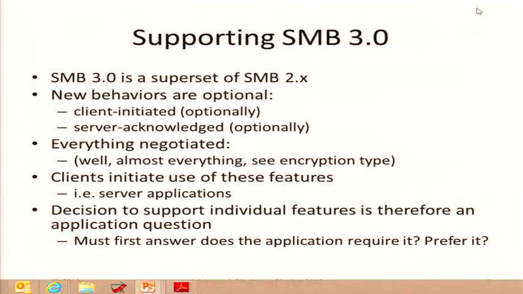So there's sort of two things that kick it off. First, the client's ability to support the feature. And second, and perhaps more important, the interest in the application of requesting the feature. Some of these things will happen automatically, right?